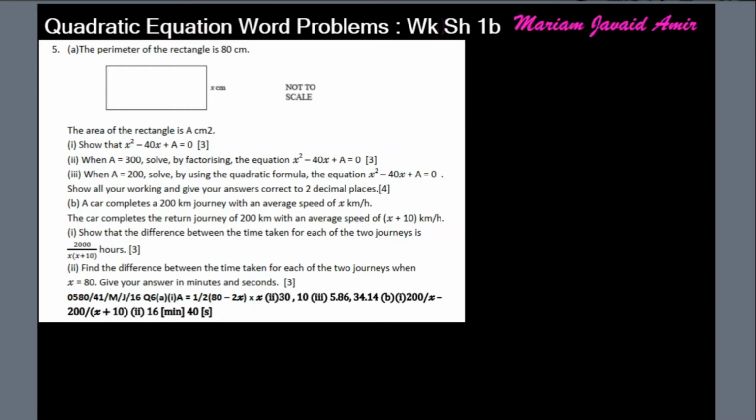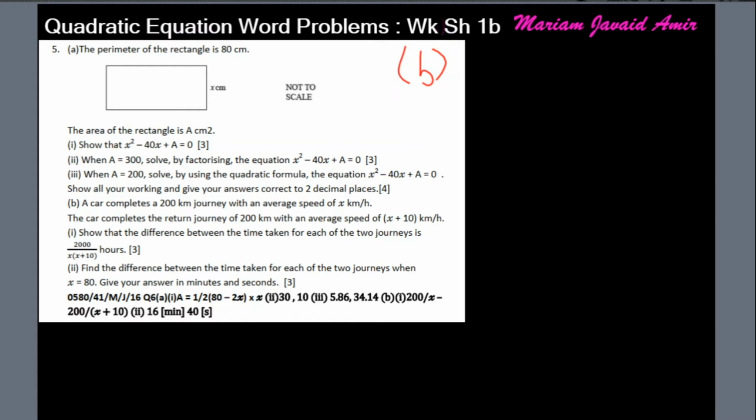Part B, a car completes a 200-kilometer journey with an average speed of x kilometers per hour. The car completes the return journey of 200 km with an average speed of x plus 10 km per hour. Show that the difference between the time taken for each journey is this.